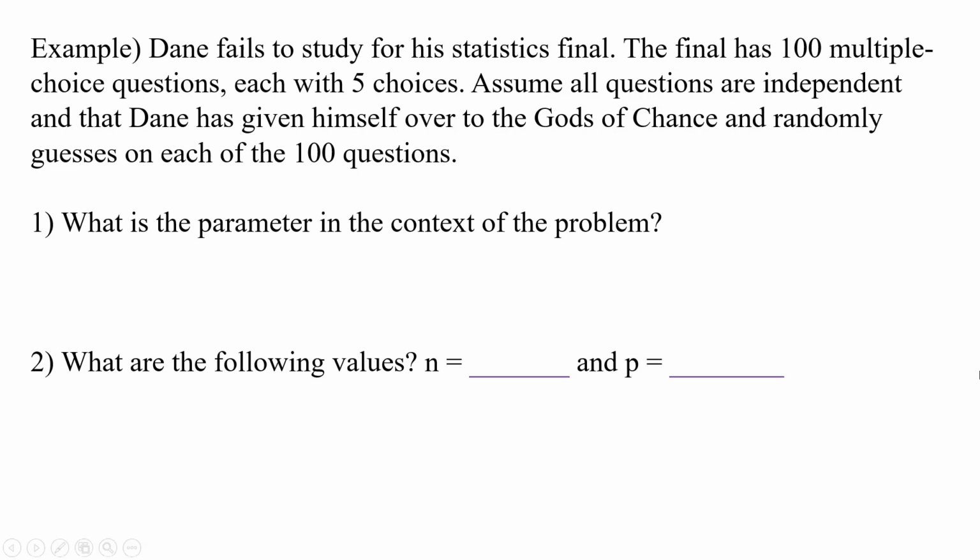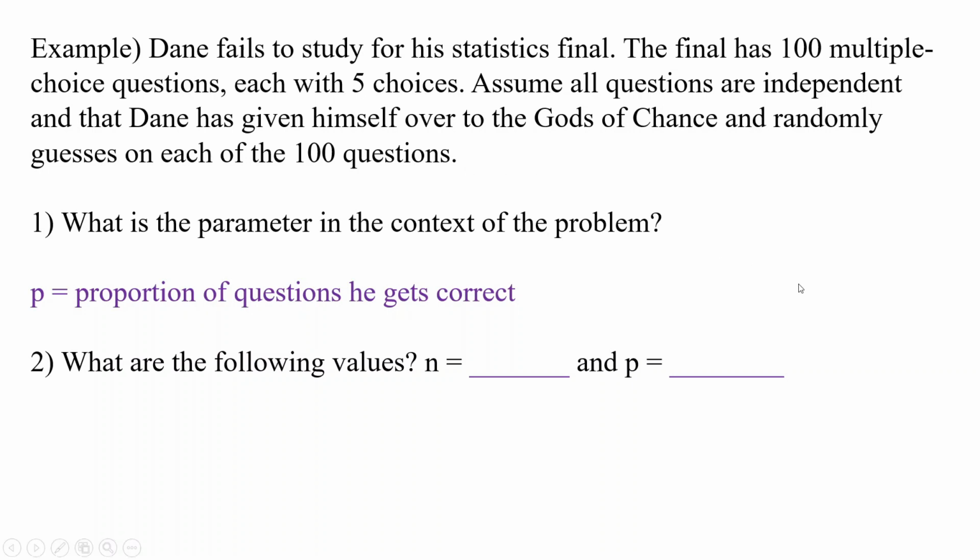Good luck, Dane. So there's a couple questions we can answer here. One, what is the parameter in the context of the problem? Right. This is something we would do on a 4-step problem as well. What is the parameter? Well, in the context of the problem, P is going to represent the proportion of questions he gets correct, because we're kind of curious, right? If Dane does this, what are the chances he gets a certain number correct, right?